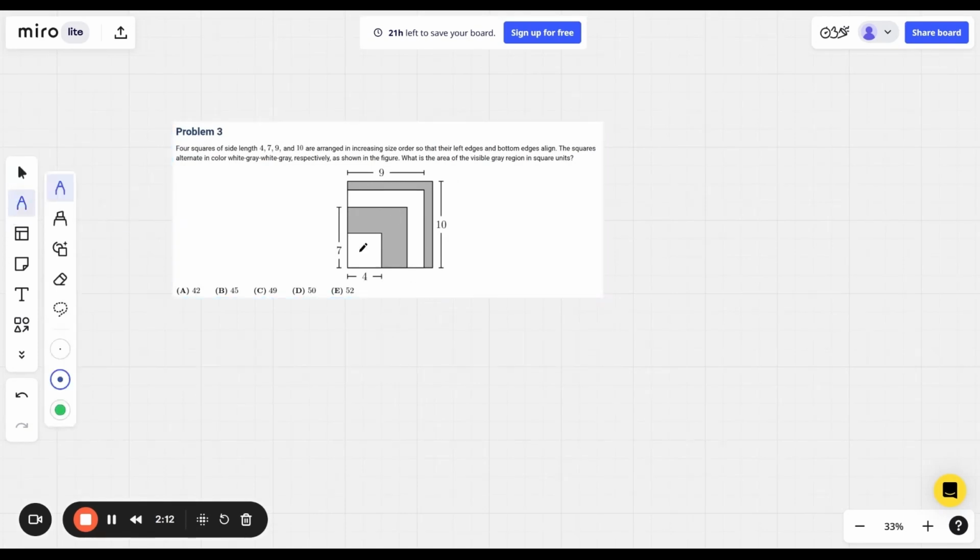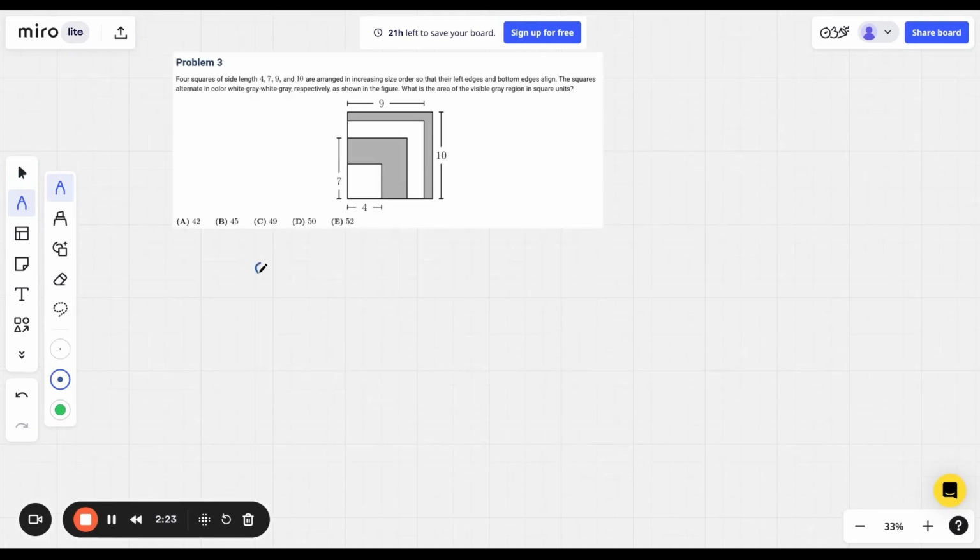We can find that and subtract the smaller squares that take up additional space. The largest white square we have here is 9 by 9, and this is not contributing to our space, and it takes away from this 10 by 10 square over here.